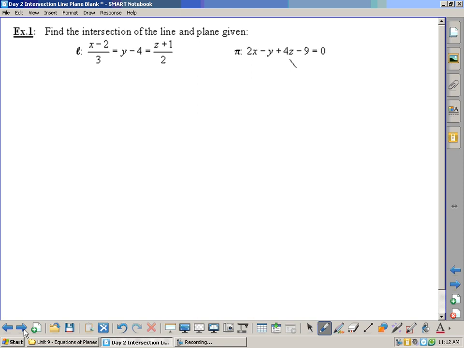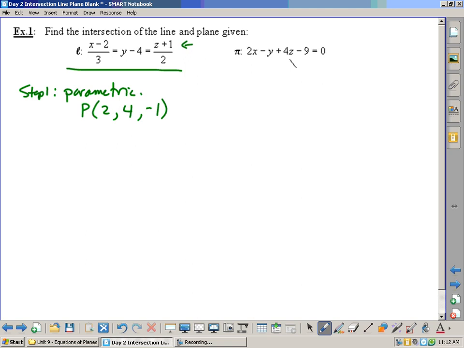So step one would be to put this line in parametric form. Given the information in the line, I see that the point is (2, 4, -1). Remember the point coming from the top, opposite to what you see there.